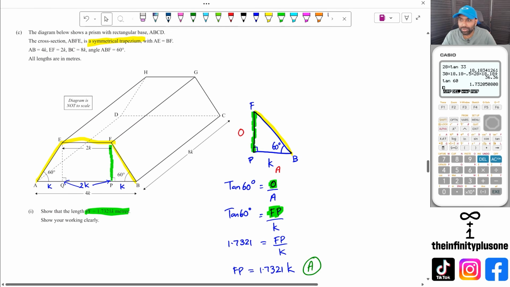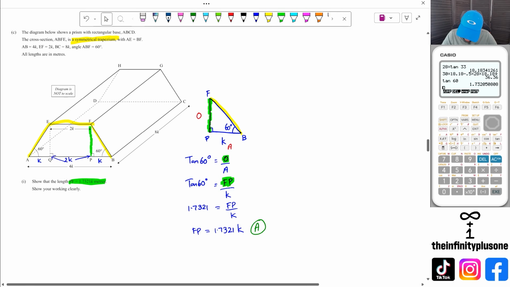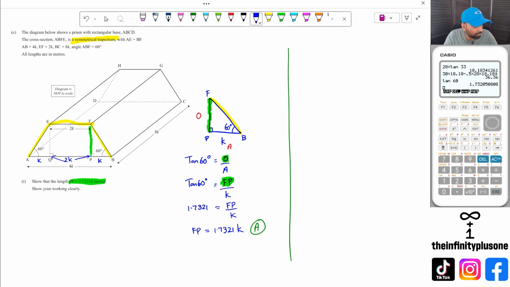The volume of this shape equals 649.519 meters cubed, and we needed to find the value of K. So remember that when you find the volume of a shape, you take the cross-sectional area multiplied by the height or the length, and you end up getting the volume.